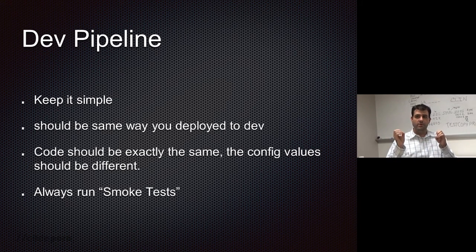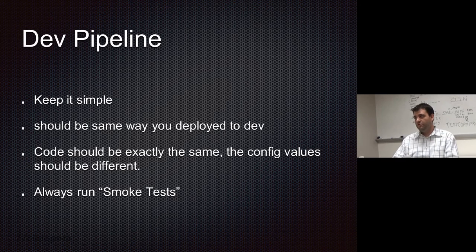We're not going to add a stage in production that we're not going to do in dev. Code should be more or less exactly the same. That's the whole reason we have the build once methodology, but the config values will be different. And we'll usually pull those configs from an environment variable or from a configuration store.